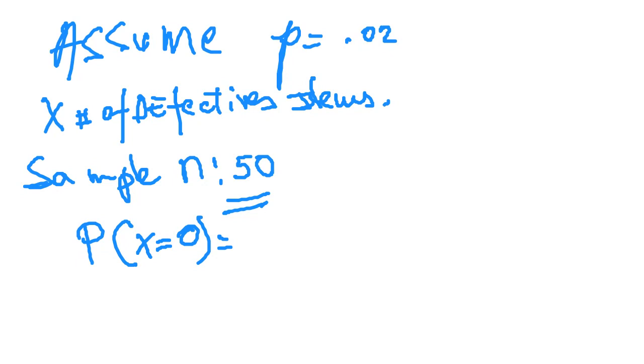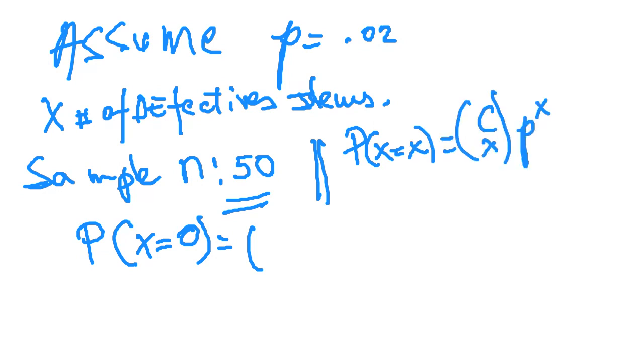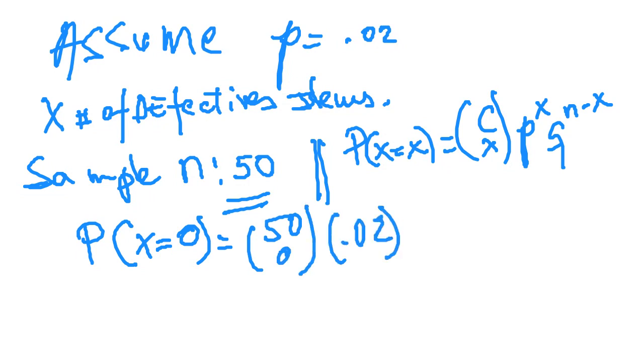We can compute that probability, of course, using the formula. Remember the formula: in general, the probability that X equals x is the combination times p to the x times q to the n minus x. Here it is 50 choose 0, 0.02 to the 0, and q is 1 minus p, 0.98, to the power 50 minus 0.